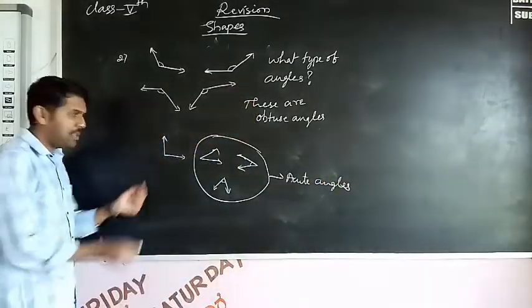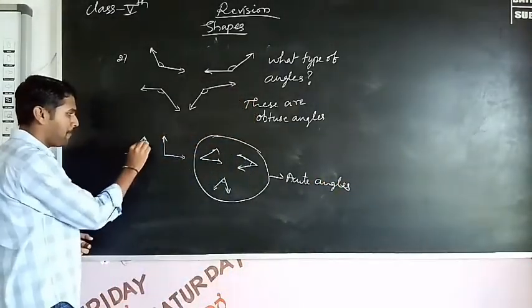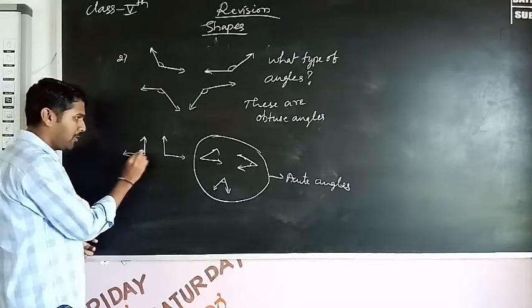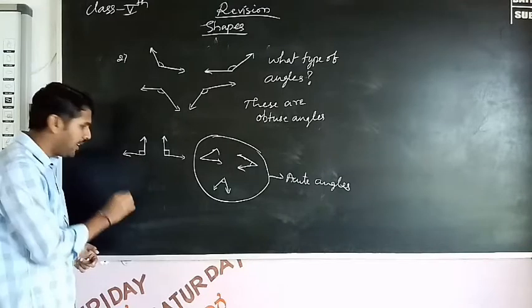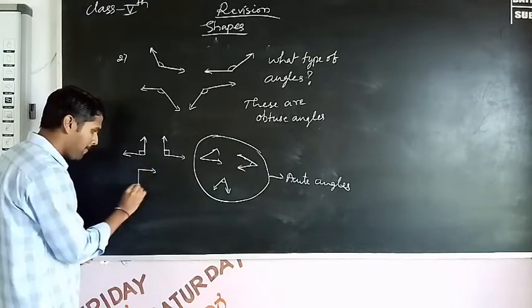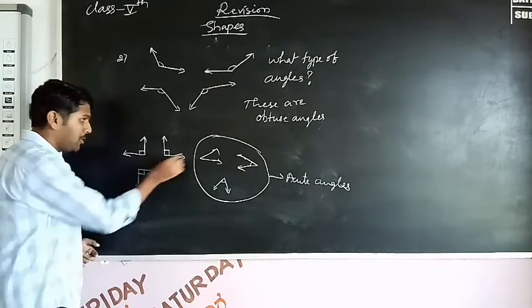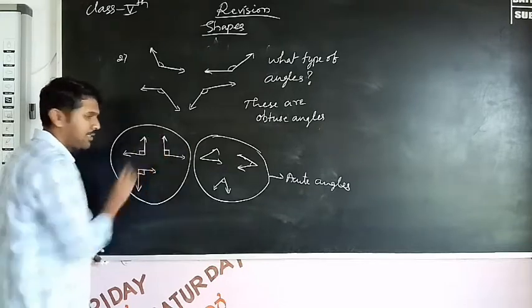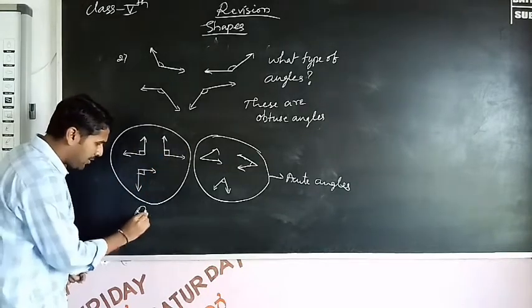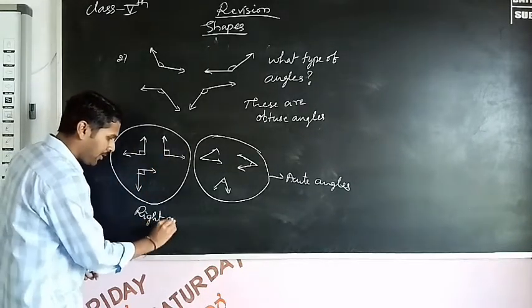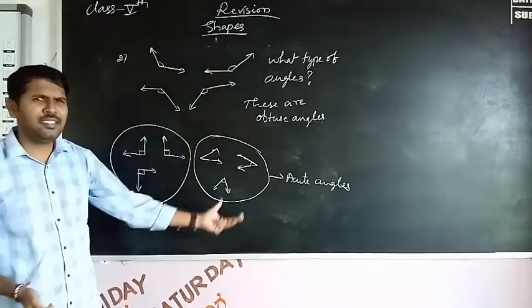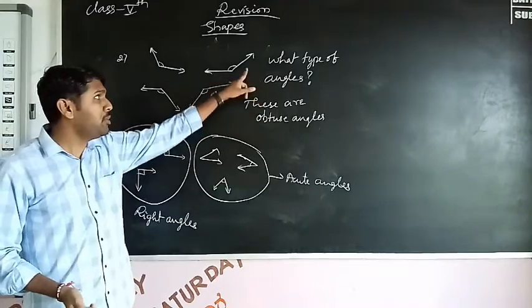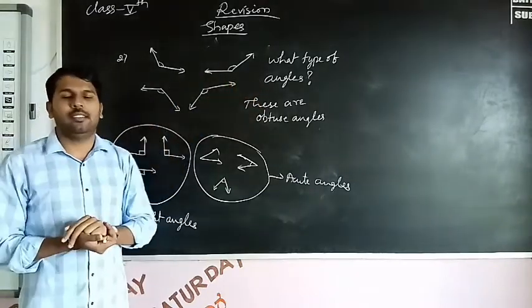If they give this type, this is the symbol for 90 degree, that is a right angle. So these are right angles. This is how you have to see the types of angles properly and get the answer.